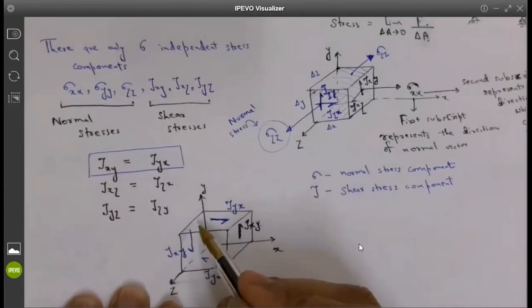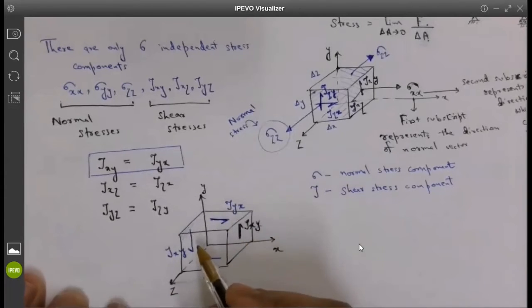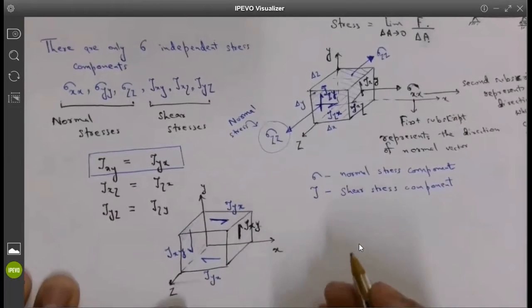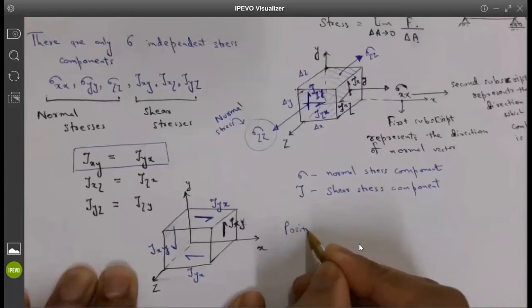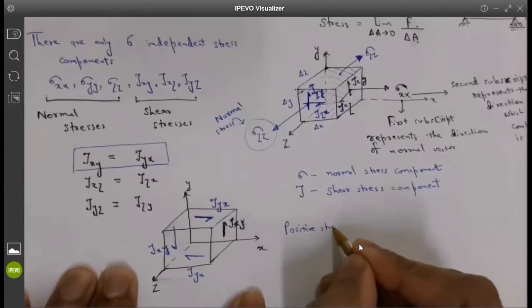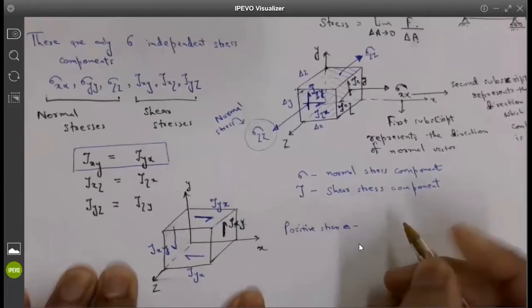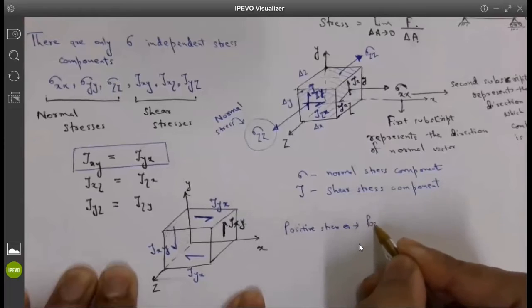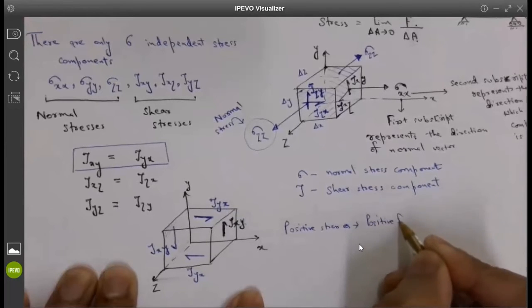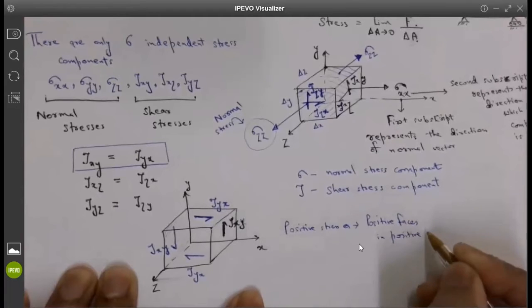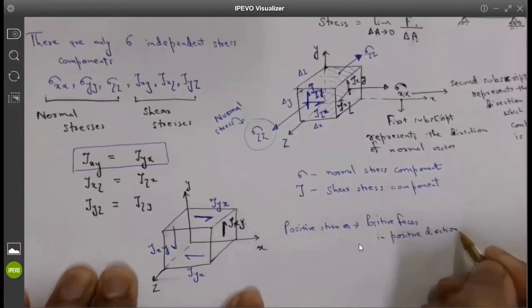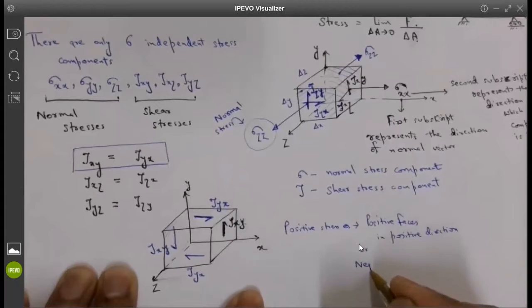So the rule is that positive stresses are acting on positive faces in the positive direction, or on negative faces in the negative direction.